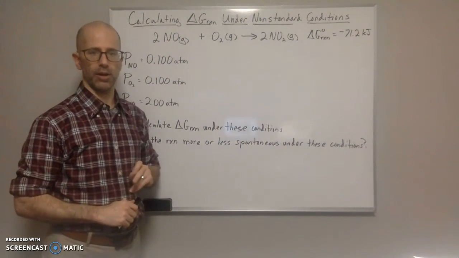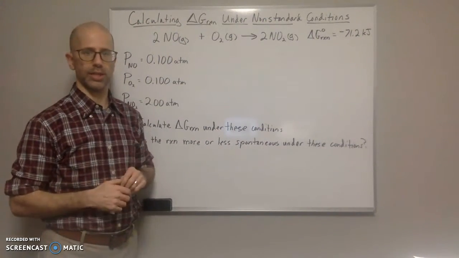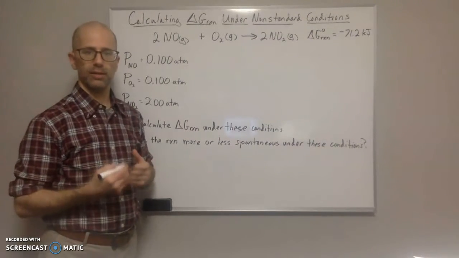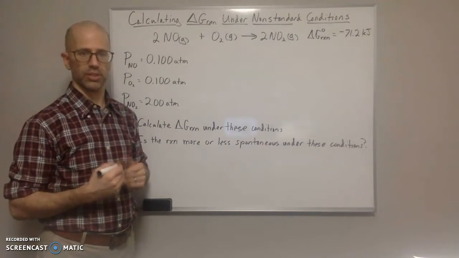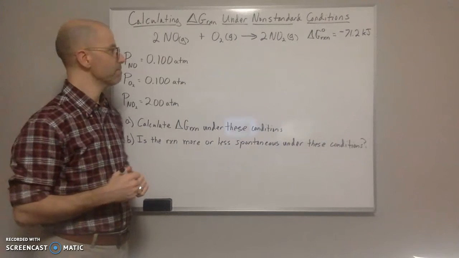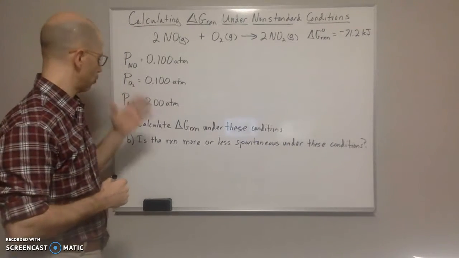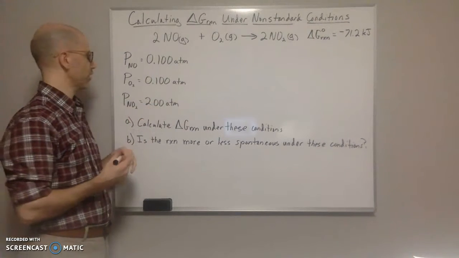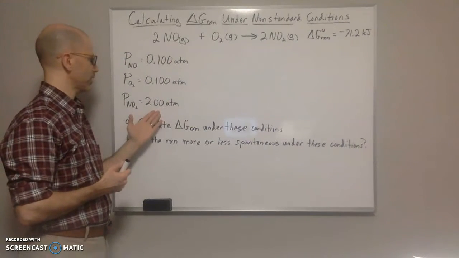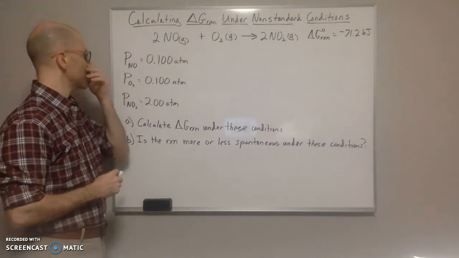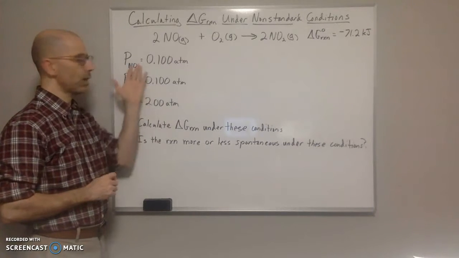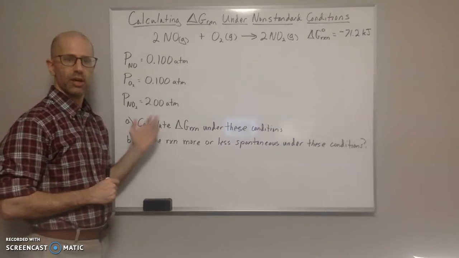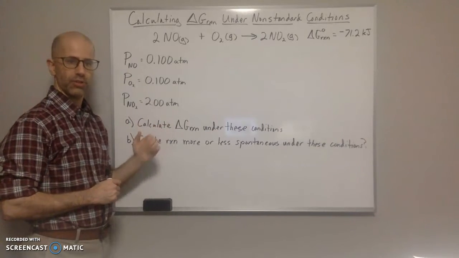That would be under normal conditions at 25 degrees Celsius, 298 Kelvin. And now we're given these new conditions, which are non-standard state conditions. We want to know what is the delta G of the reaction under these conditions.